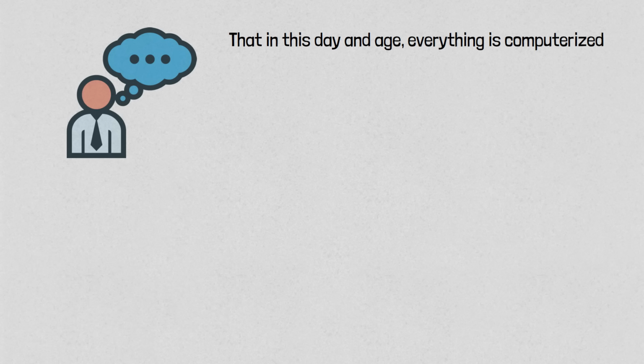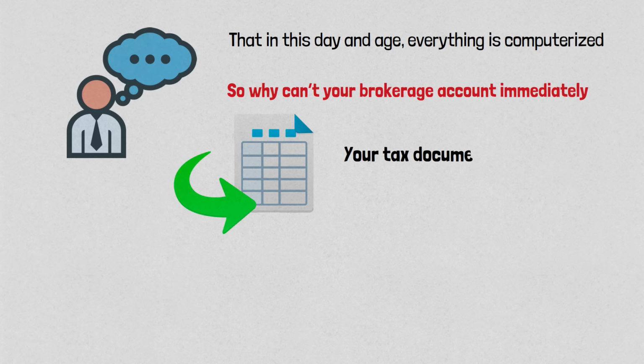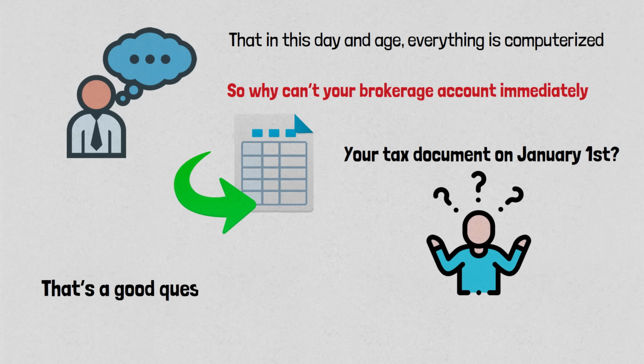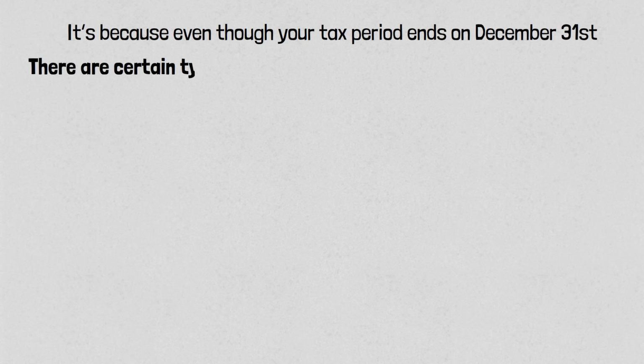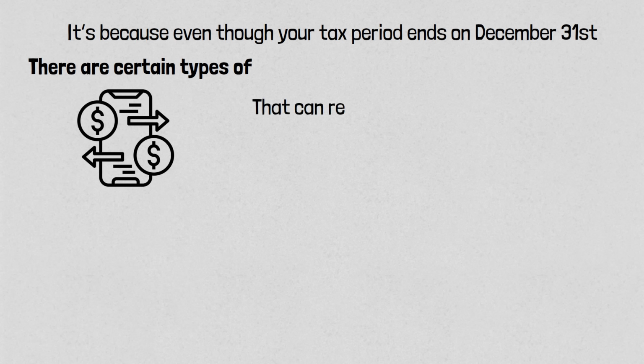Now, you would think that in this day and age, everything is computerized, right? So why can't your brokerage accounts immediately generate your tax document on January 1st? Like, what's up with that? That's a good question, but there's actually a good reason why it cannot be done that quickly. Even though your tax period ends on December 31st, there are certain types of stock transactions that can retroactively affect your taxes.